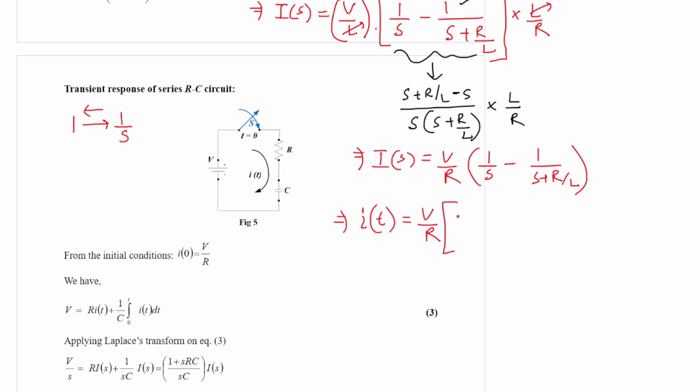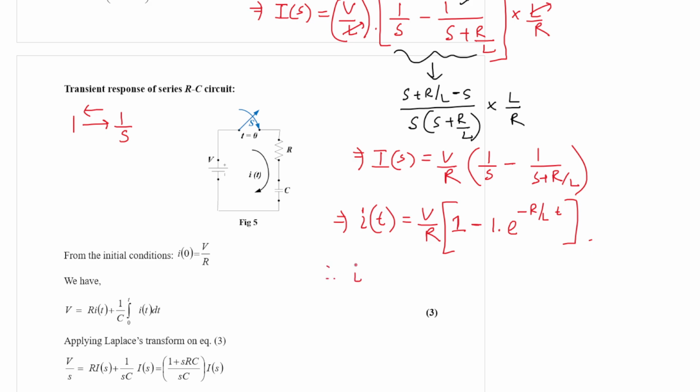So in time domain 1 by S is simply 1. Minus, now for 1 by S plus R by L, it is shifted by an amount R by L in the frequency domain, so in the time domain it must be multiplied by a factor of e to the power minus R by L into t. So with that, our final expression is like that.